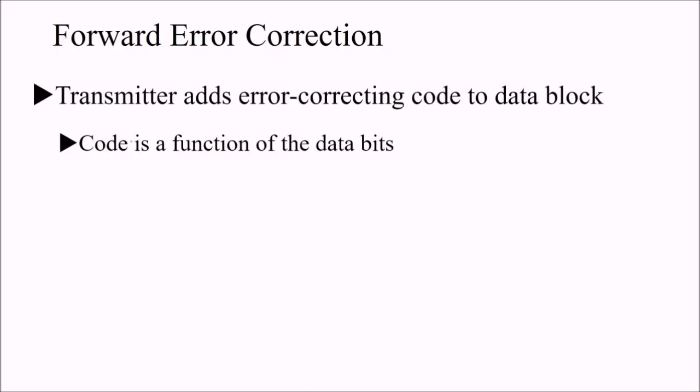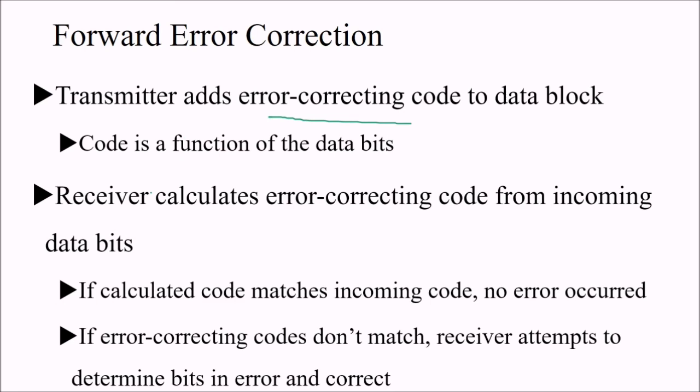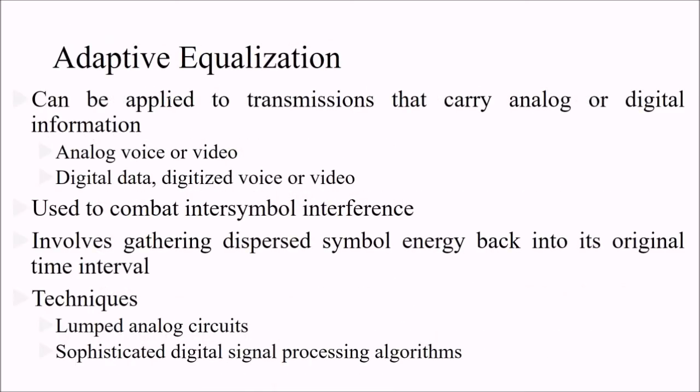In forward error correction, the transmitter adds an ECC, error correcting code, to the data block, and the code is a function of the data bits. The receiver calculates the ECC from the incoming data bits. If the calculated code matches the incoming code, no error has occurred. If the error correcting code doesn't match, the receiver attempts to determine the bits in error and tries to correct them. And in adaptive equalization, what action is done?